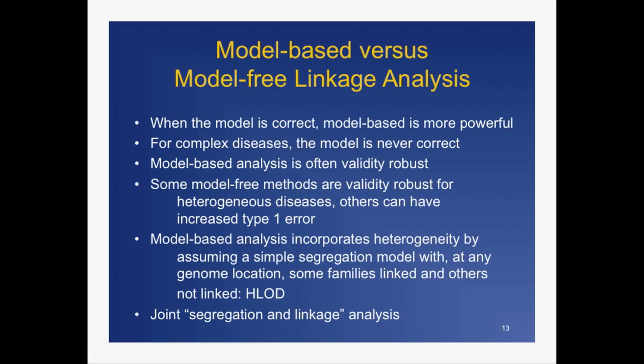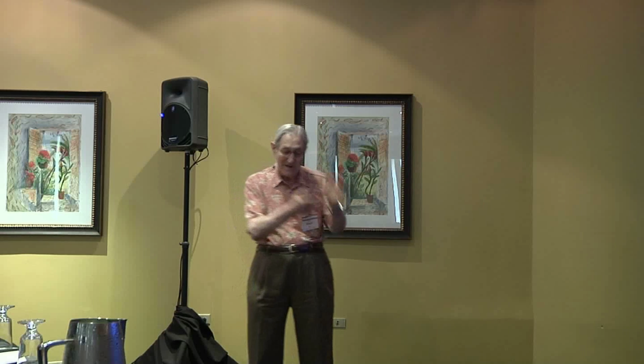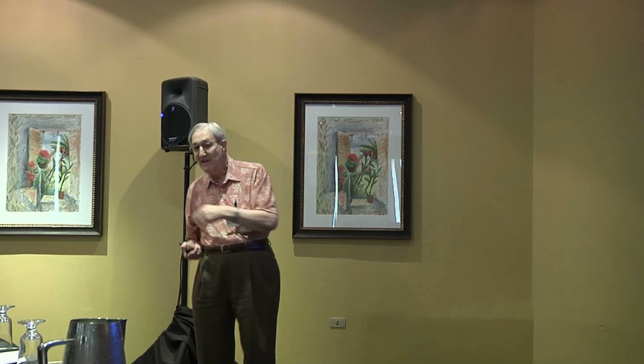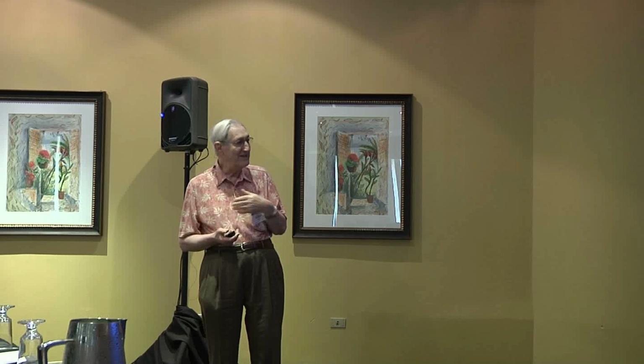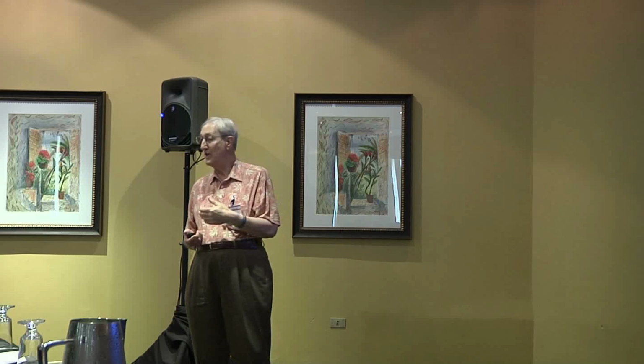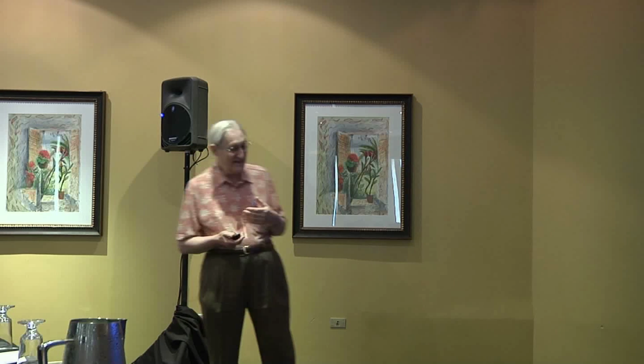The other thing is, in model-based linkage analysis, you incorporate heterogeneity by assuming a simple segregation model, but at any genomic location, you assume some families are linked, some are not. This leads to this wonderful thing the statisticians call HLOD.